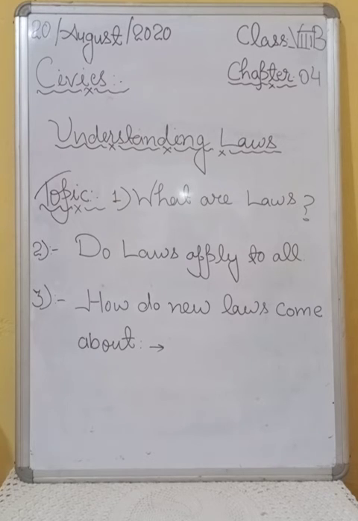And what this meant was that they could arrest and detain any person they wanted under this act. All right? That's why Indian nationalists were against the Sedition Act of 1870.